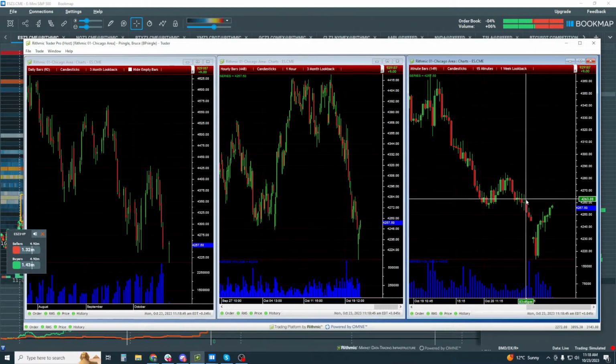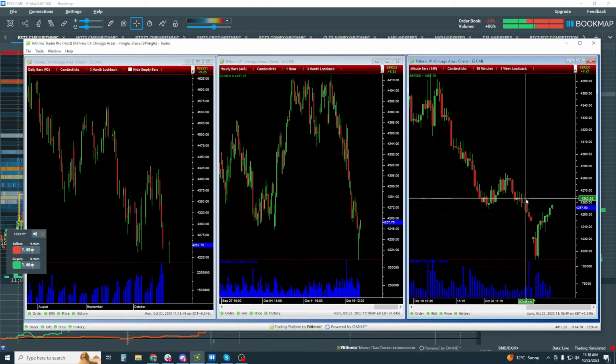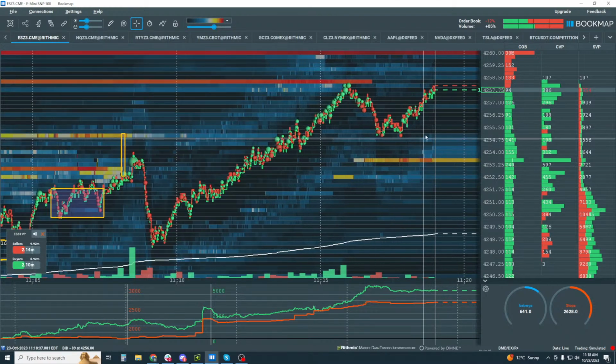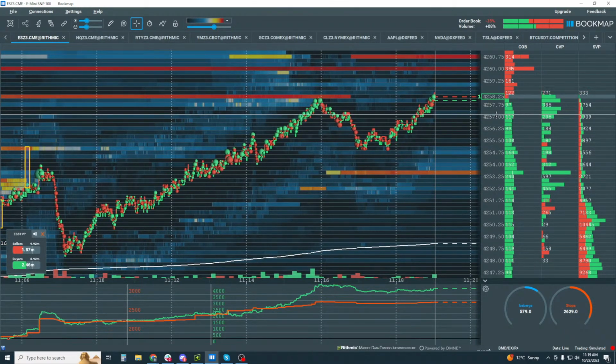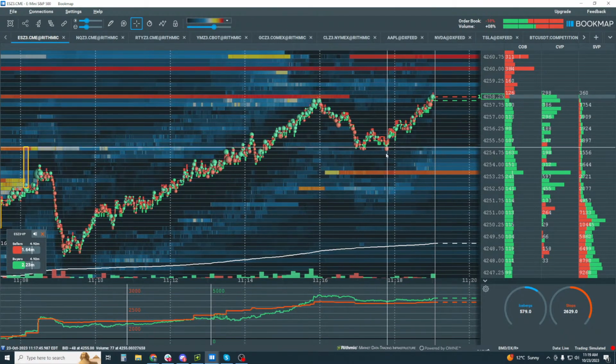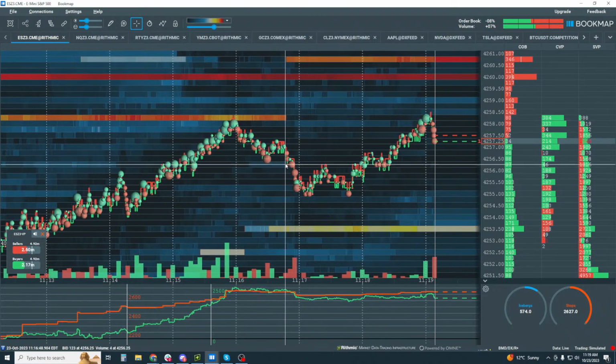All of these wicks in here, this is where we found sellers earlier that made it drop. Are they going to defend it? Are buyers going to attack it? That's what we want to read in the order flow. And buyers are definitely attacking it, and we're back up here again, and not much of a pullback at all.